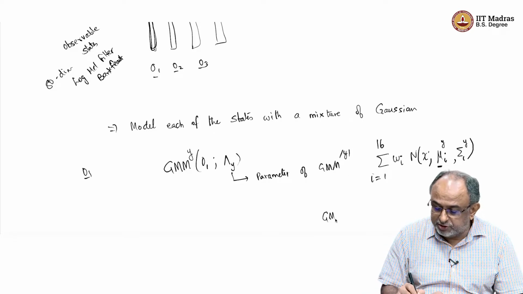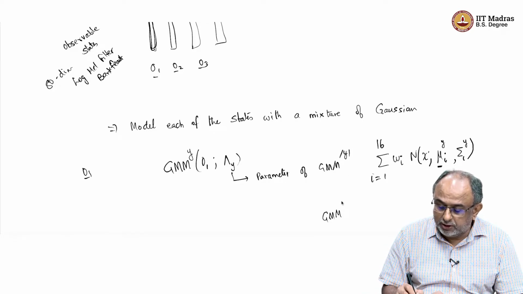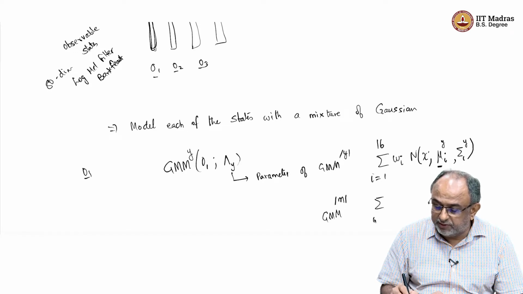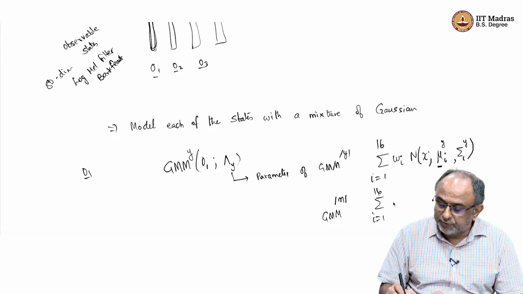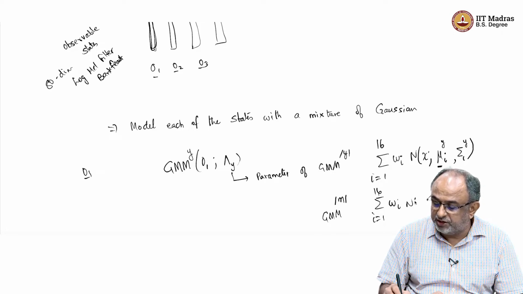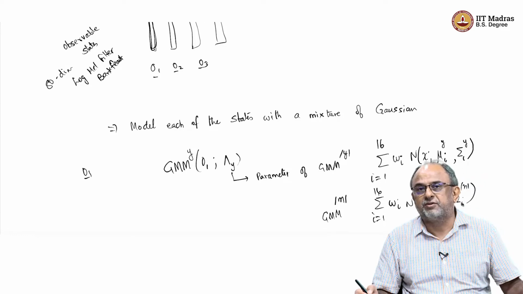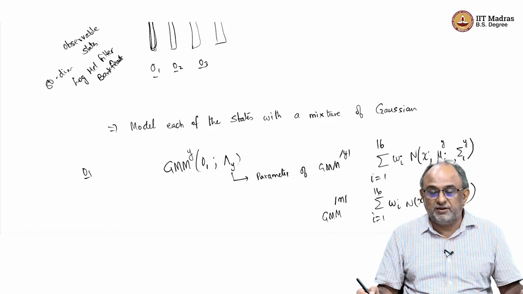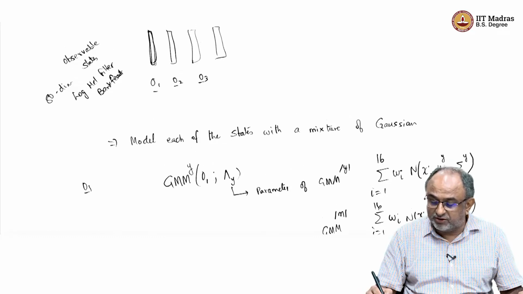Or if I'm talking about the GMM for the sound n, then it will be I equals 1 to 16, if I'm taking a mixture of 16 Gaussians, with mu_I for the sound n and sigma_I for the sound n, the covariance matrix. So I basically am going to evaluate this.